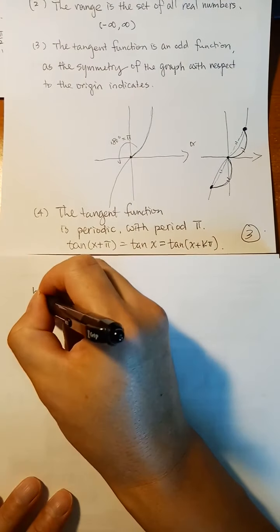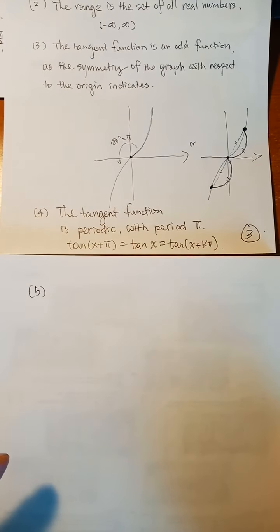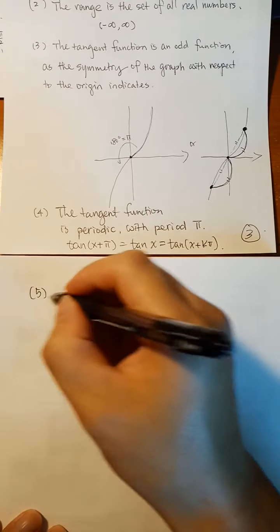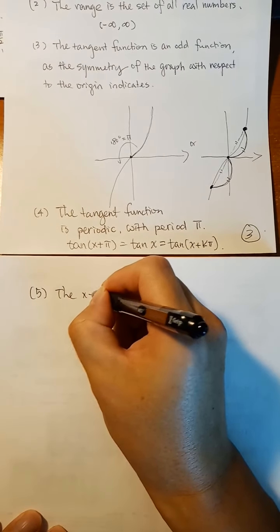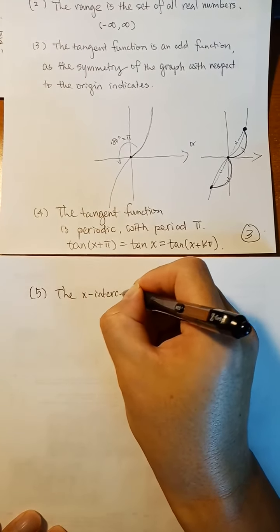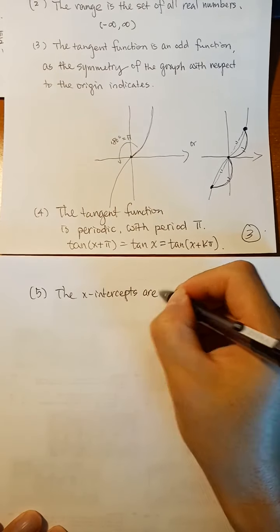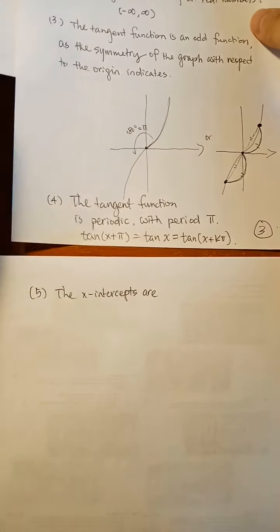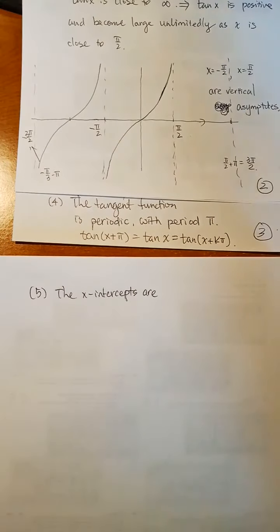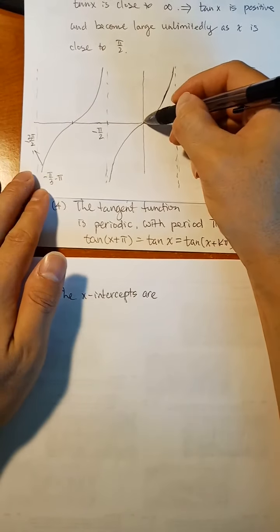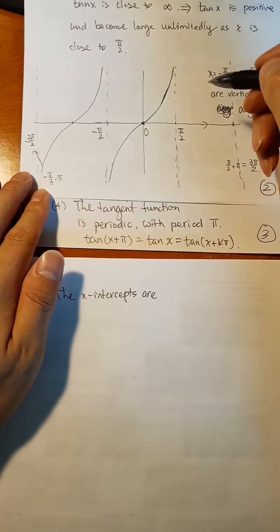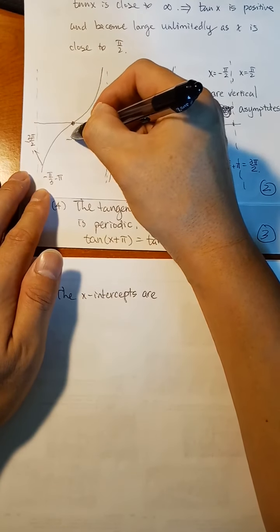And the property 5, the x-intercept. The x-intercepts are, let's check the graph. From this graph, we can see this is 0. And here, this is negative pi.